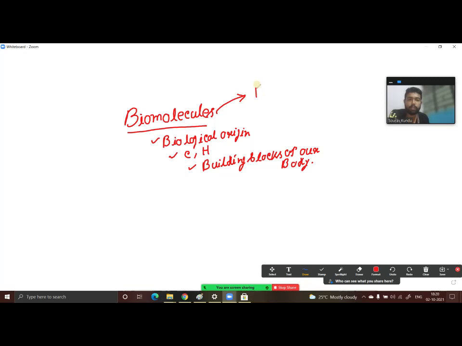So under biomolecules we will be discussing four different parts. We will be discussing the macro form, which is the polymeric form. We will be discussing what is polymer and what is monomer, and there will be the micro form, which will be the monomeric form. Now what is a monomer and what is a polymer? Suppose I am drawing a long chain over here.